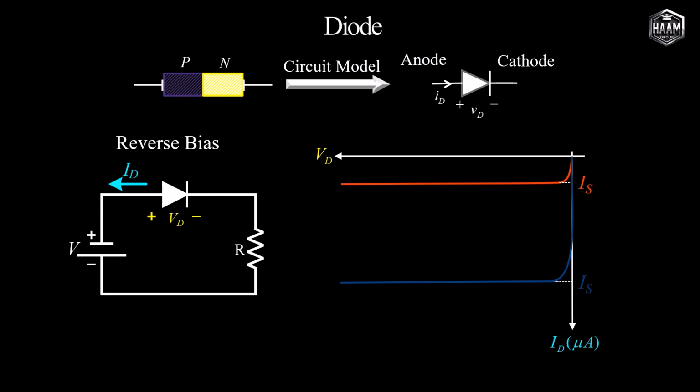I_s in silicon diodes is typically smaller than that in germanium diodes, though both are generally on the order of microamps, provided the reverse voltage does not approach the breakdown voltage.